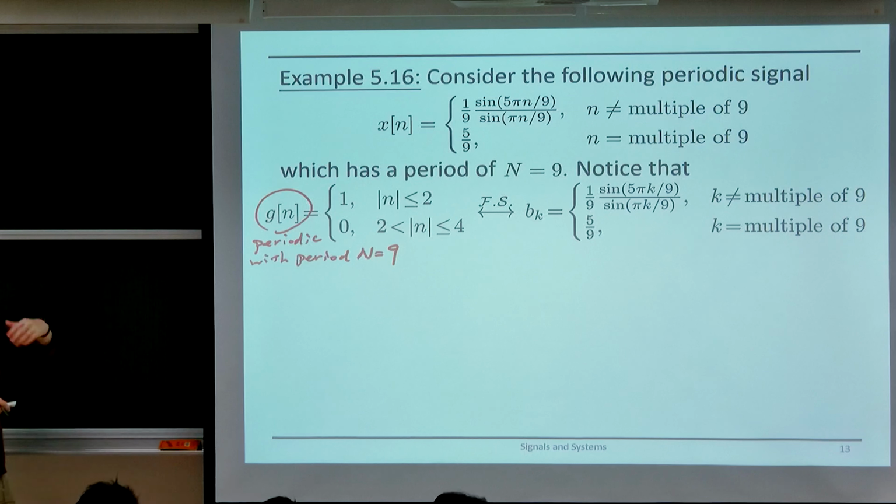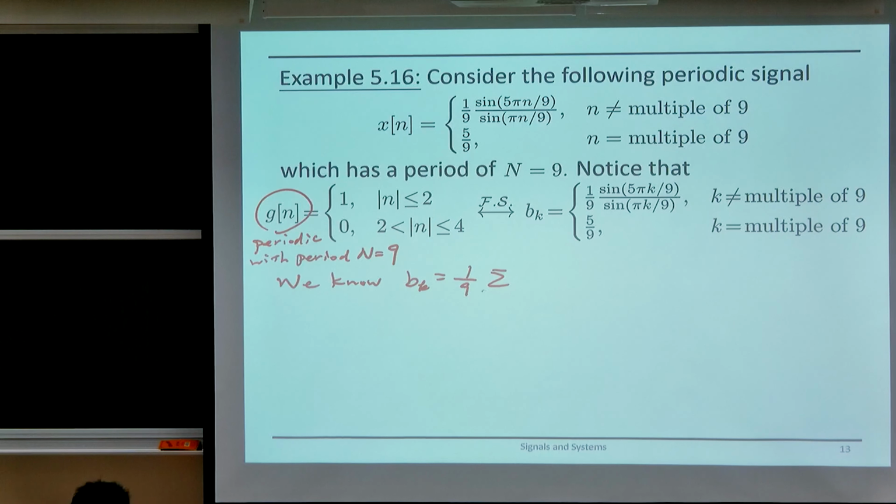Okay? But how do you show that? Okay. So we know that b_k is 1/9 summation k from -2 to 2.